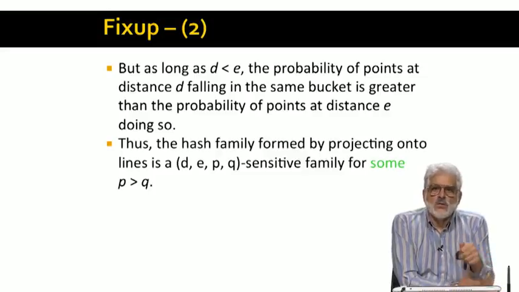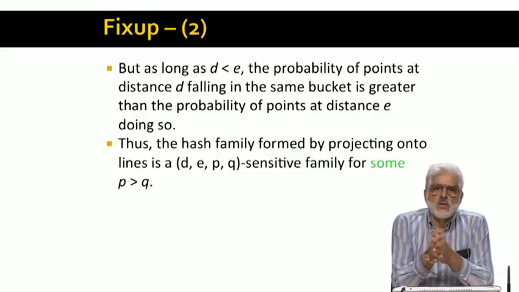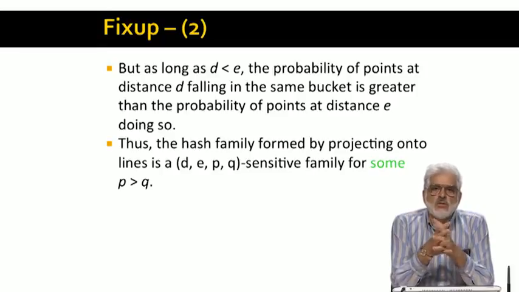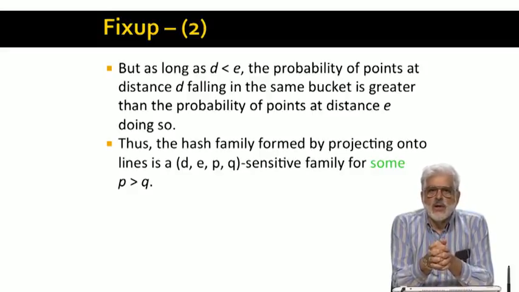As a consequence, we know that for any d and e with d less than e, the hash functions based on lines and bucket size a form a (d, e, p, q)-sensitive family for Euclidean distance for some probabilities p and q, such that p is greater than q. Starting with this family, we can amplify the probabilities to make p as close to 1 as we like and q as close to 0 as we like, while still allowing d and e to be as close as we like, as long as e is strictly larger than d.